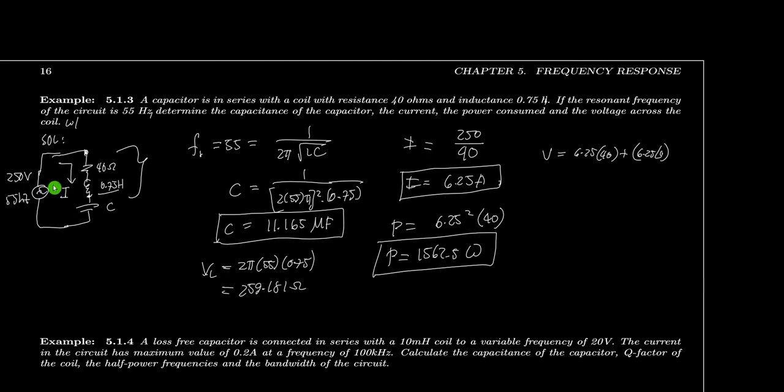But this is purely inductive. XL is just the inductor, and it's just j. You need to put j there so that it will become a vector. So you multiply that with this current: j 259.181 ohms.